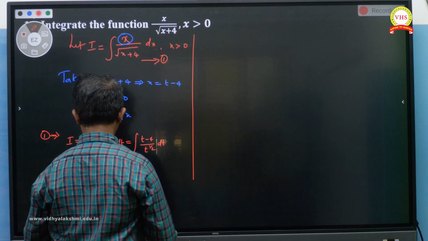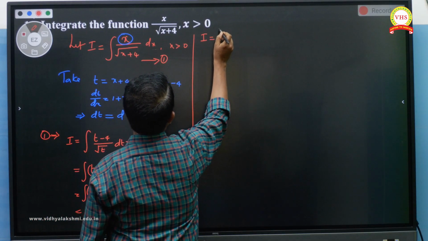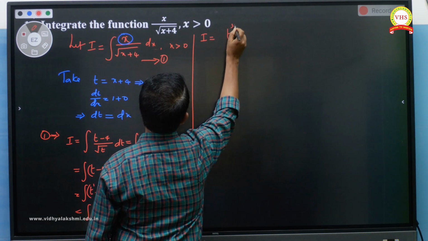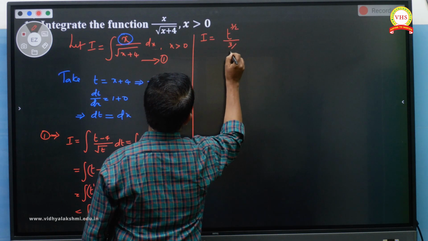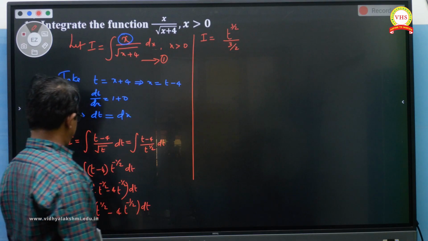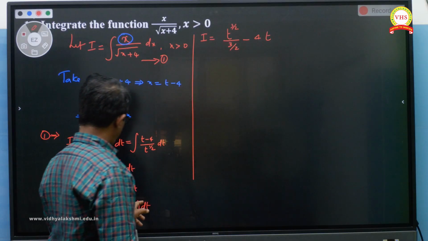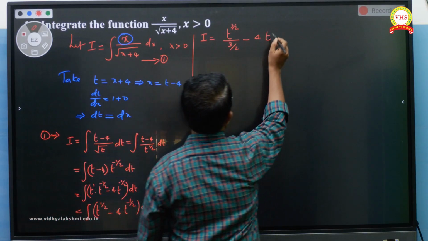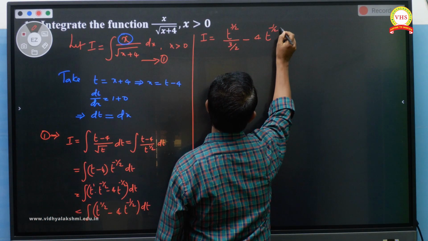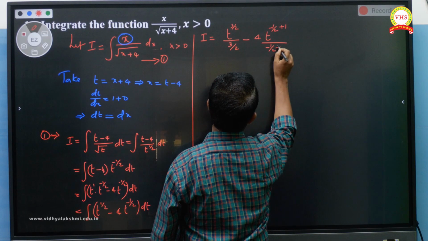Likewise here, I equals t to the power of 1 by 2 becoming t to the power of 3 by 2 divided by 3 by 2. Any doubt? Yes. Minus 4 into t to the power of minus 1 by 2 plus 1, divided by minus 1 by 2 plus 1.